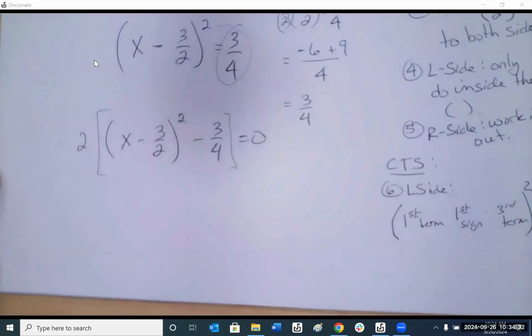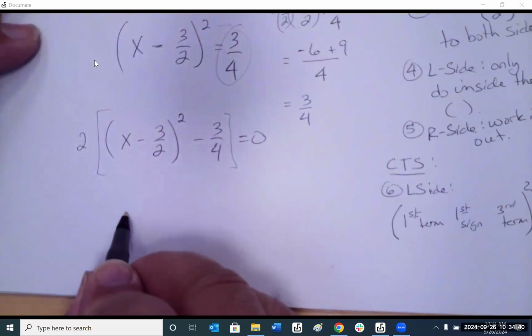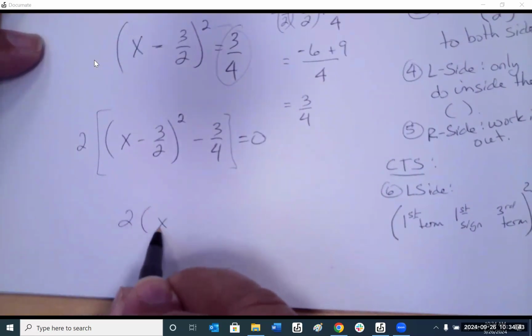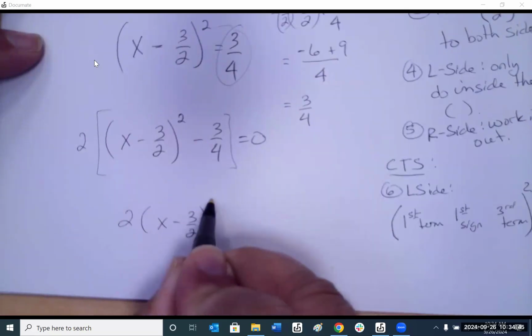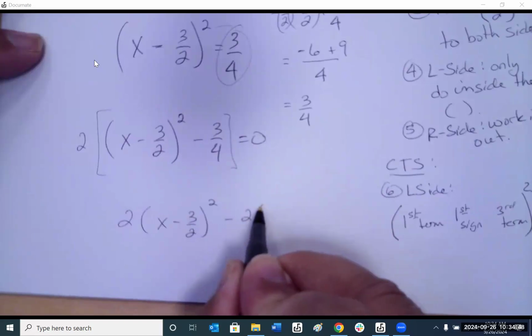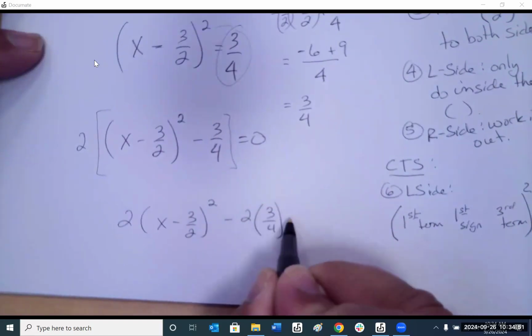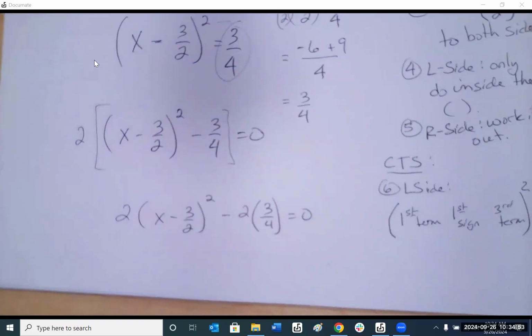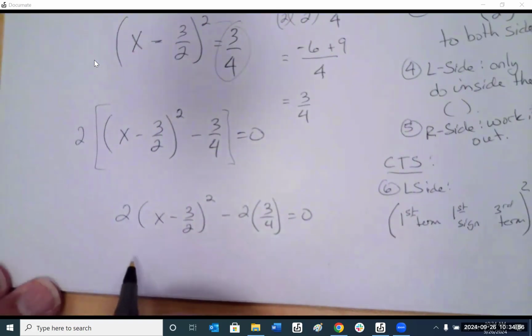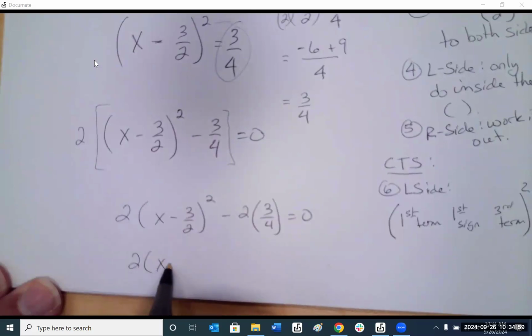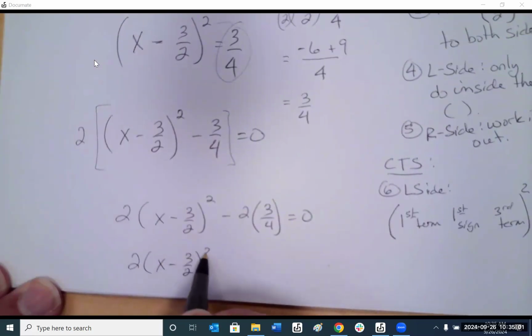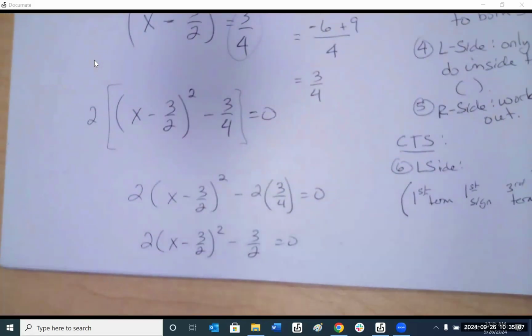And remember, we had to put the 2 back in there that we divided out earlier. And there we have it. That's completing the square.